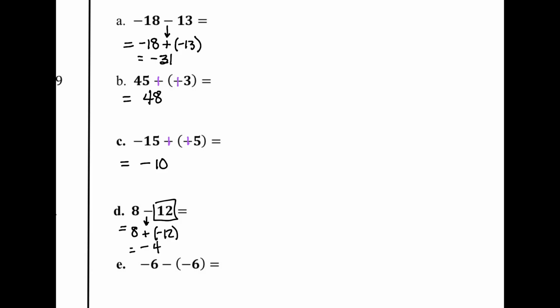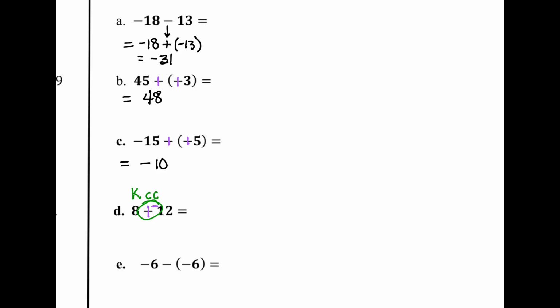Doing that the other way, we're going to change the subtract to add, change the sign of the 12 to a negative. Notice how we keep the 8, change, and then there's no changing after that because that's our number. The two changes that you do are in between the two numbers.